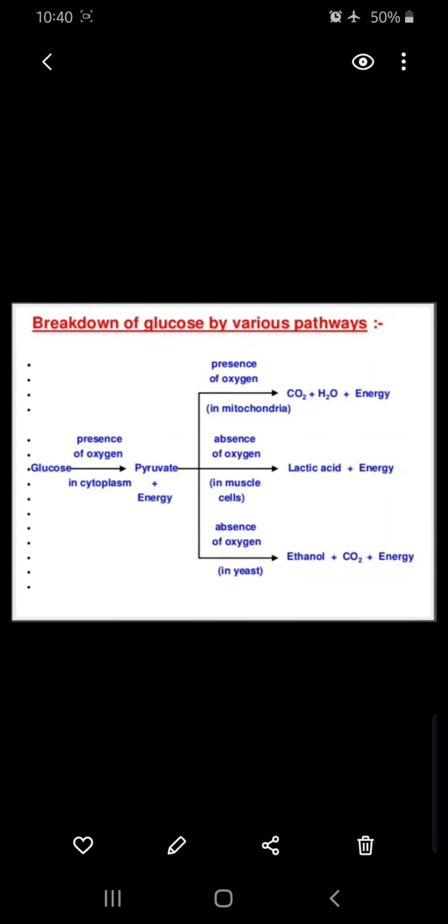In presence of oxygen, that is in mitochondria, carbon dioxide, water, and energy is released. In our muscle cells, in the absence of oxygen, lactic acid and energy are formed. Whereas in yeast, in the absence of oxygen, ethanol, carbon dioxide, and energy is released.